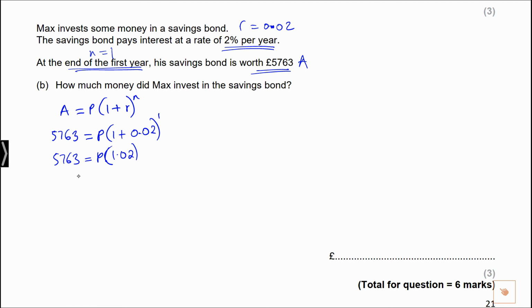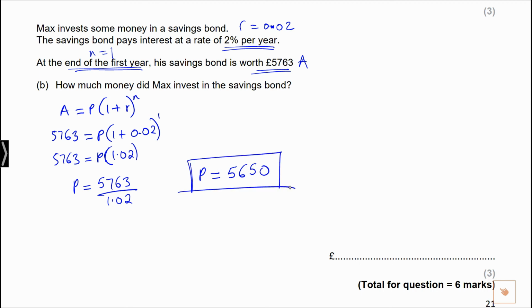So P will be equal to 5763 divided by 1.02. If you just plug it in your calculator, P equals 5650, and that will be the money that Max invested at the beginning of the investment period.